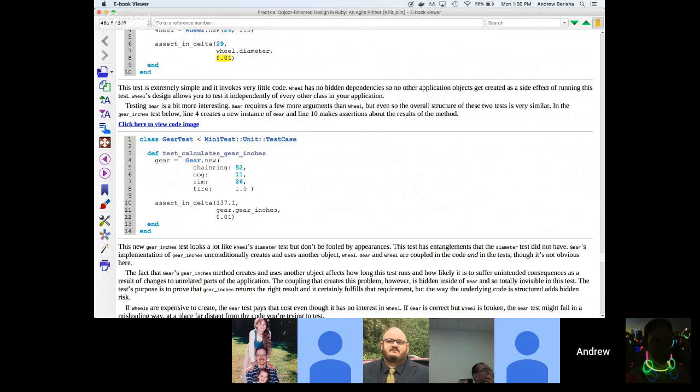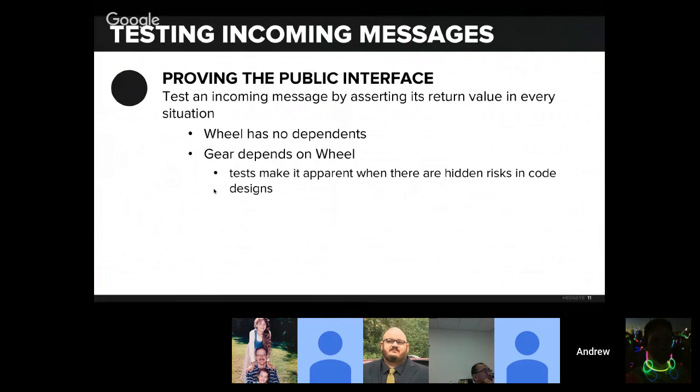So to finally make sense of what I wrote, tests make it apparent when there are hidden risks in code design. The hidden risk would be that wheel is not something that gets injected, but instead calls out explicitly this new wheel instance.